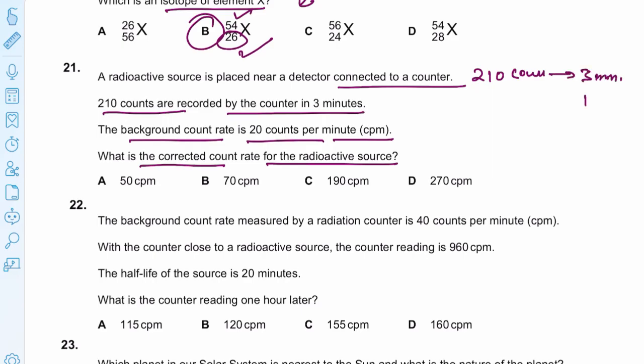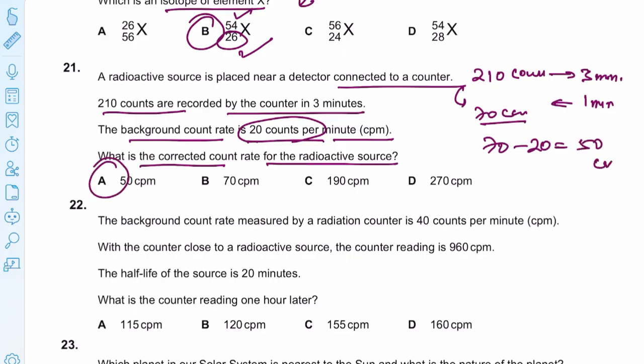So if I try to find for 1 minute, that means divide by 3, I'll get 70 counts, right? But there is a background count rate of 20, so we have to remove that as well. So 70 minus 20 equals 50 counts per minute. So 50 counts per minute means option A will be the correct answer.